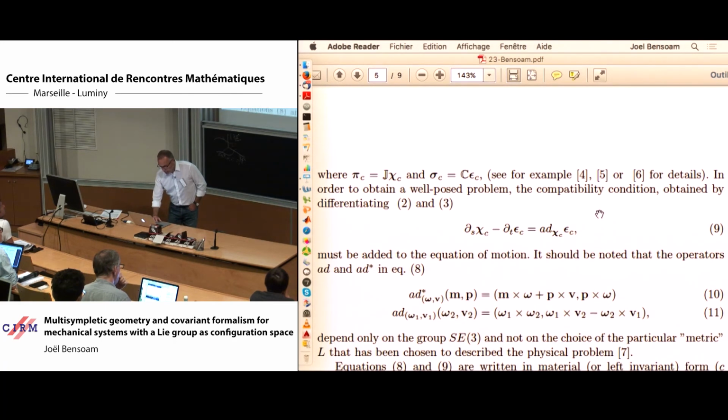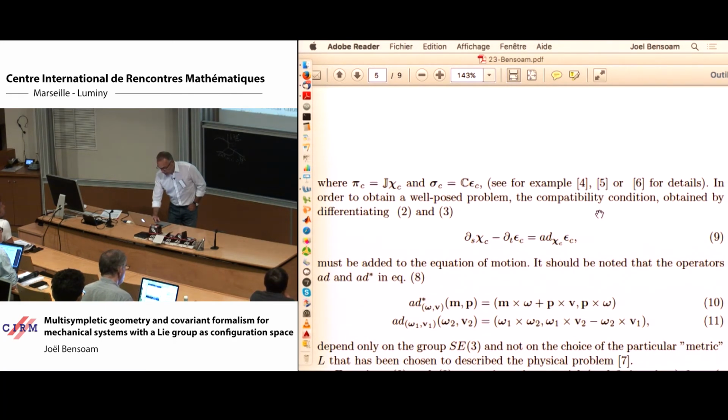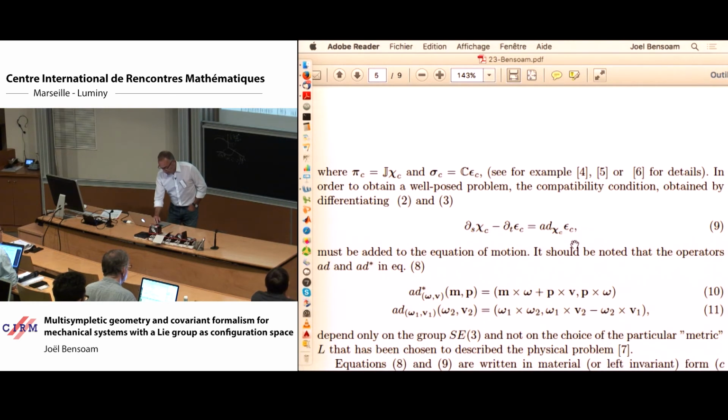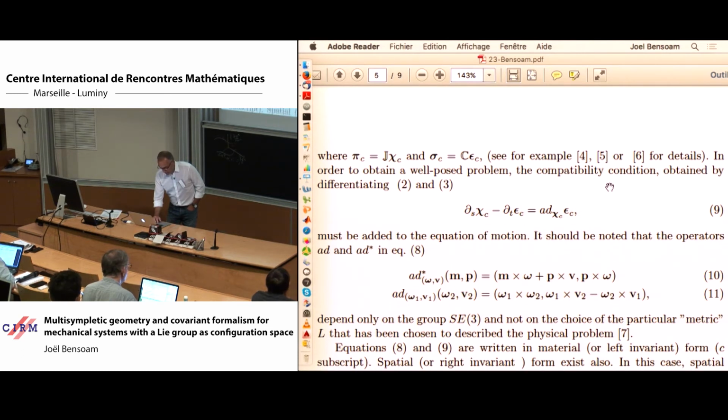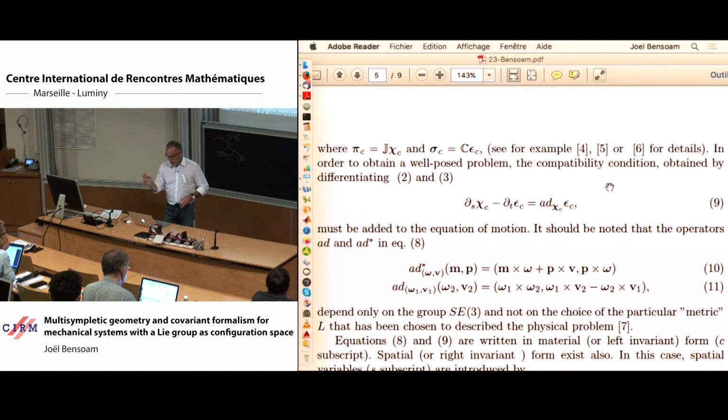But you can also have compatibility conditions. That means that if you take the spatial derivative of the velocity or the time derivative of the deformations, then you have something here, and it's really known as the fact that there is a vanishing curvature of the connection.